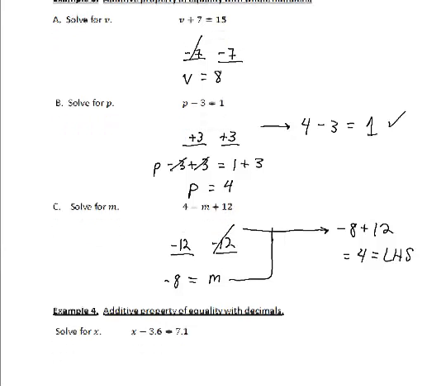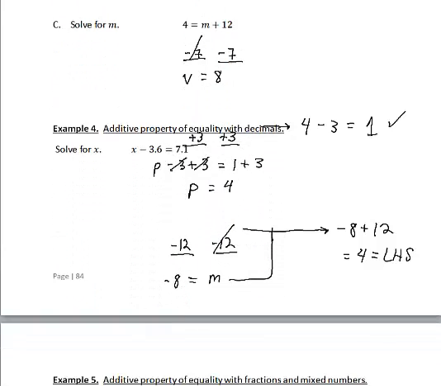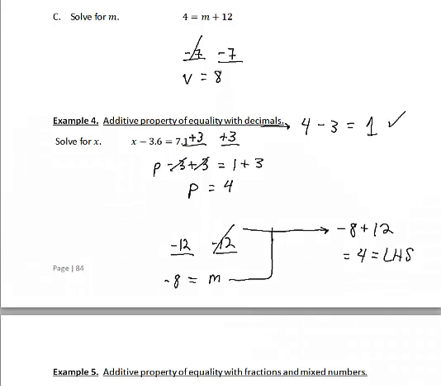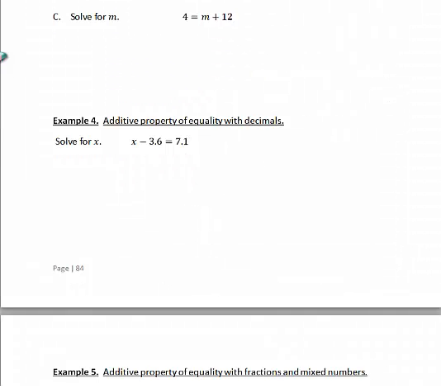With the example on the bottom of the page, similar one-step equation, except now we have decimal numbers instead of whole numbers. So in words, how would you read this expression out loud? X subtract 3.6.